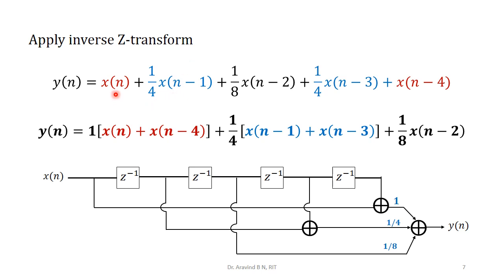Now those common representations are grouped here: 1 into x of n plus x of n minus 4, plus 1 by 4 into x of n minus 1 plus x of n minus 3, plus 1 by 8 x of n minus 2. So this midpoint will remain separate.